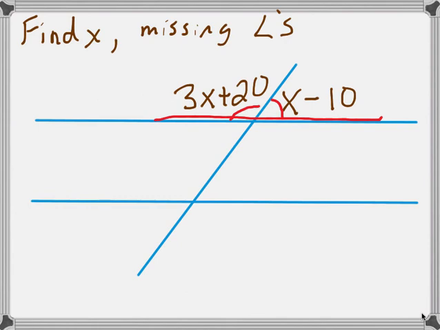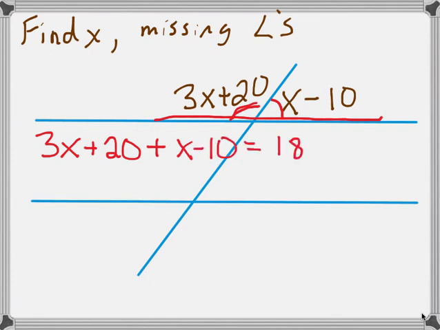And if you remember from lecture 10, we're going to have supplementary angles. So I'm going to take this angle, 3x plus 20, plus x minus 10, set that equal to 180 degrees. Now, if there's not one there, you got it, put one there.